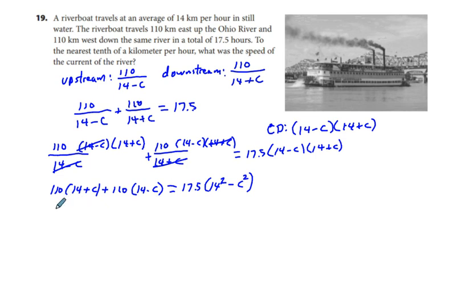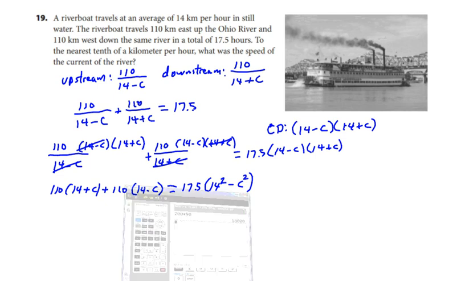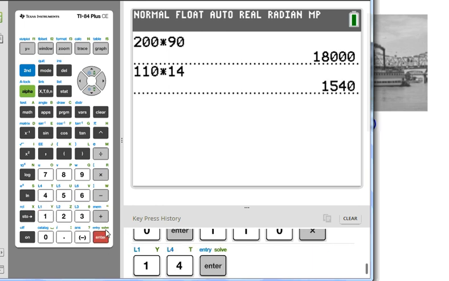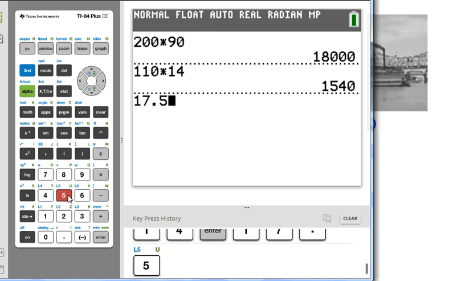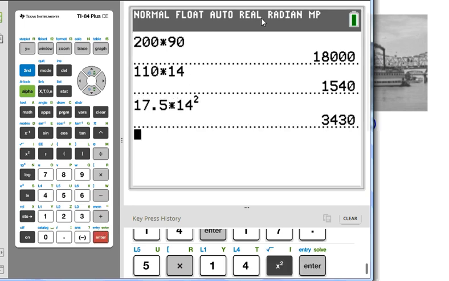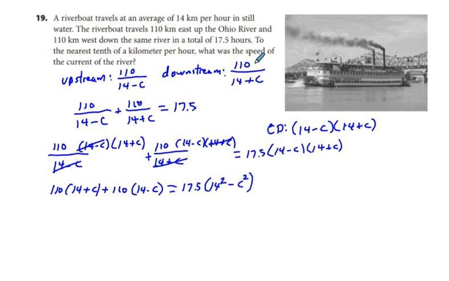The numbers are pretty big here, so let's just work this. Okay, that's going to be 1540. We're going to have 17.5 times 14 squared, 3430. That might be all we need here.